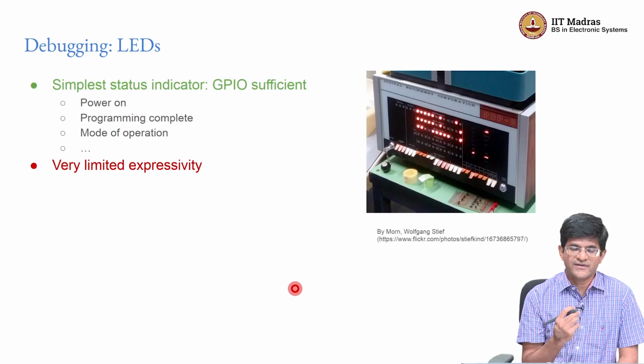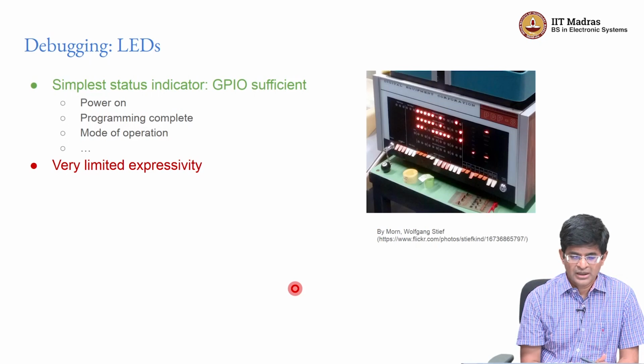All that you can do is have a status LED, and very often we are used to this: if one particular LED glows red, then it indicates something went wrong. Whereas the convention is typically that if something else is glowing green, then that's good news. It means everything is working as expected. These are conventions which make it easy to tell at a glance whether things are working as they should.